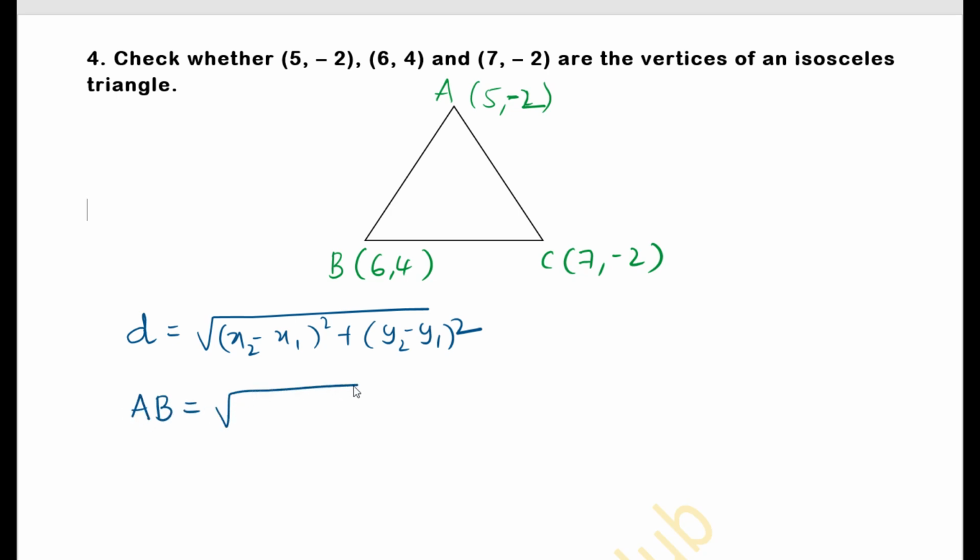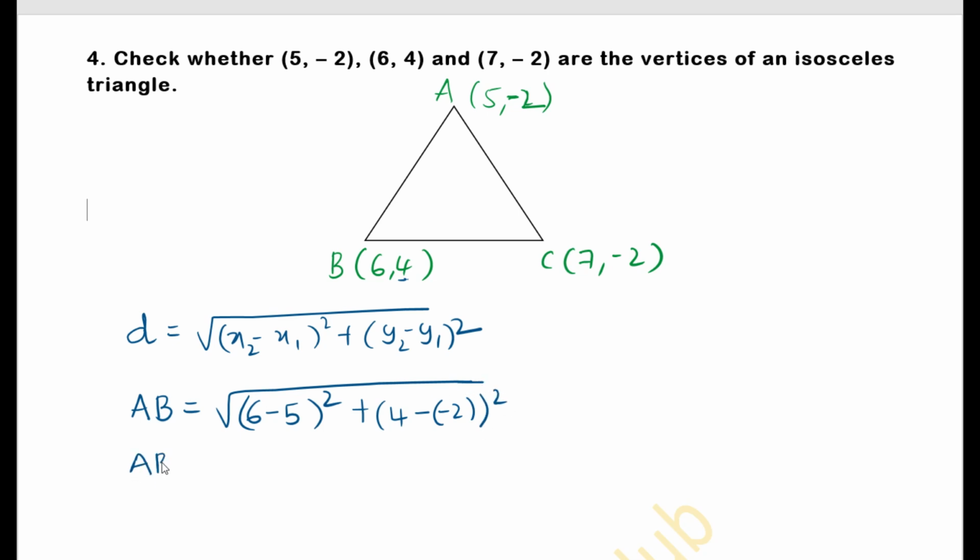AB equals square root of (x2 minus x1), that is (6 minus 5) whole square, plus, what is y2? y2 will be 4 minus of minus 2, whole square.